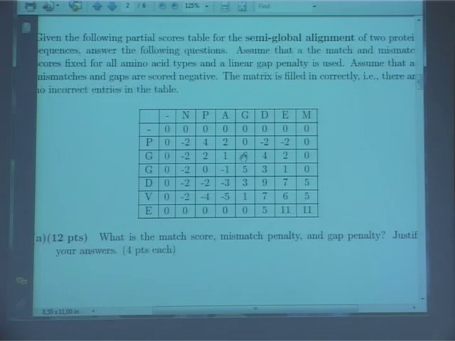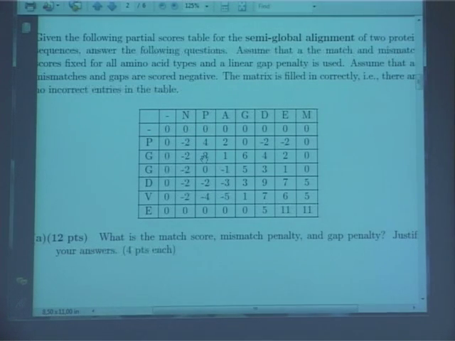So we need to look at other cells as well. By going over all the cells, let's try to see some interesting ones. Oh, yeah, this cell is interesting: G and P, and I have a 2 here. This cell gives me a clue about the gap penalty.